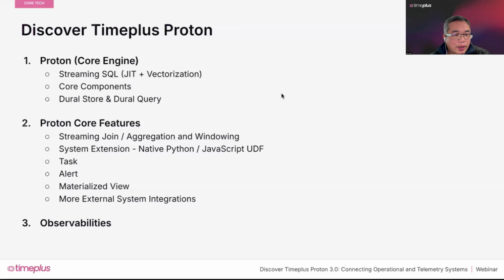Number one is the core engine enhancement, what powers Timeplus Proton, and then some of the core features in Timeplus Proton as well. Last but not least is the observability enhancement in 3.0, which is super important for our developers to build and manage pipelines in production.